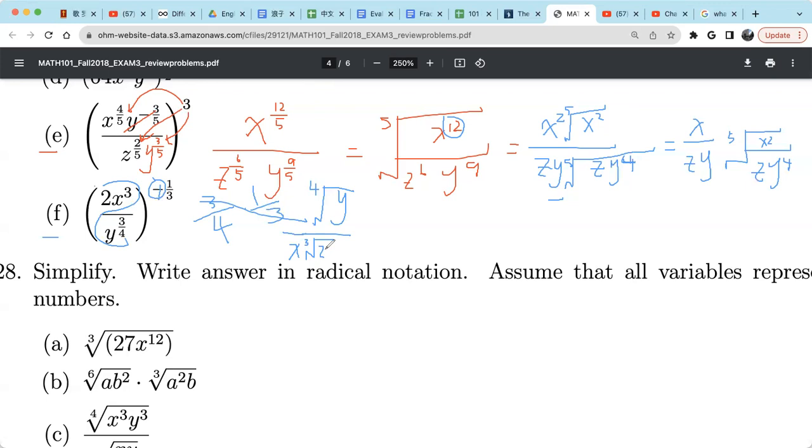So we have a cubic root with x. So that's our final answer. The numerator will have the fourth root of y, and the denominator will have x times the cubic root of 2, or you can write the cubic root of 2 times x.